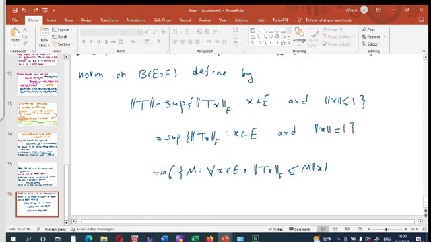Okay. And the proof of these two equalities is easy, and you can see this in many books.